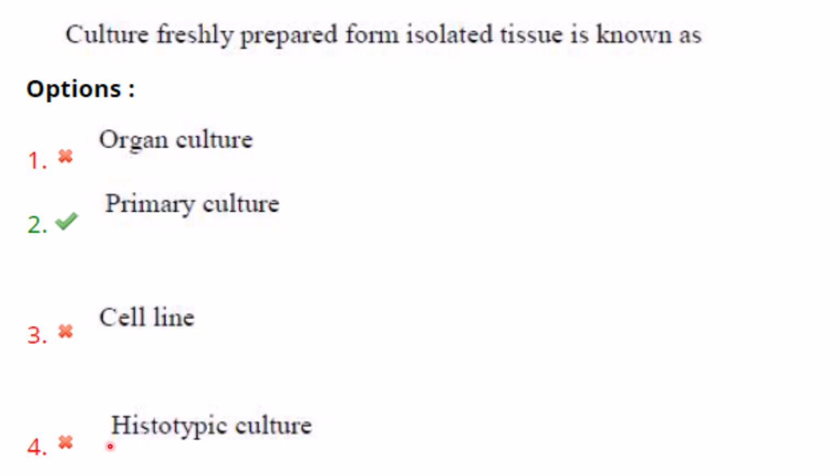Then histotypic culture means a single defined cell type is grown at high density on a three-dimensional matrix. This matrix can be a sponge or a gel, and histotypic culture will result in the formation of tissue-like structures. So here the answer is option 2, primary culture.